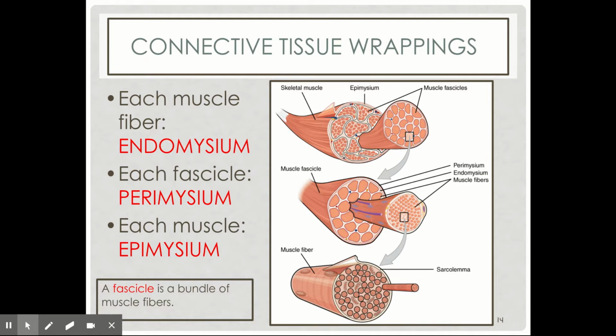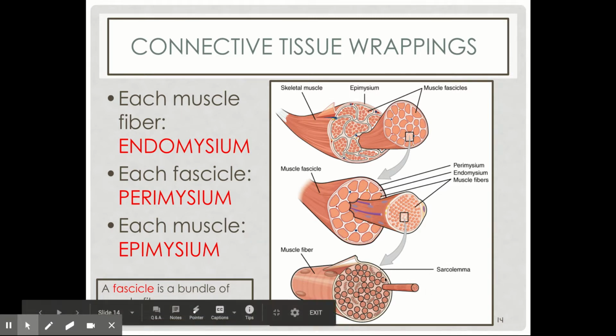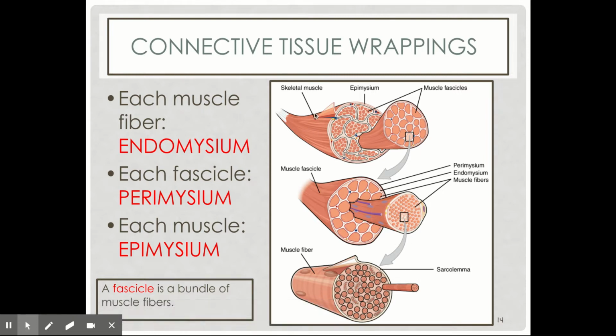So you are going to see the following. You're going to start with your skeletal muscle up here. This picture is going to be a larger version, and then we are going to magnify again and again until we get very, very small. So we're going to start up here with our skeletal muscle.